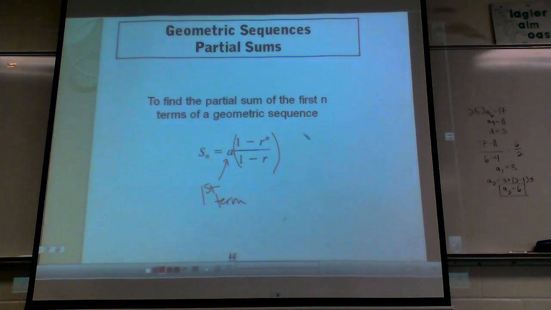So in this case, you need the first term, the number of terms, and the common ratio. Whereas with the arithmetic, you need a first term, last term, and then the number of terms. So this one's actually a little bit easier to work with. You don't have to do the extra work of plugging it in and getting the nth term. Okay?